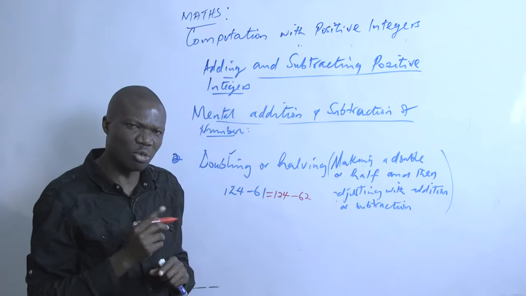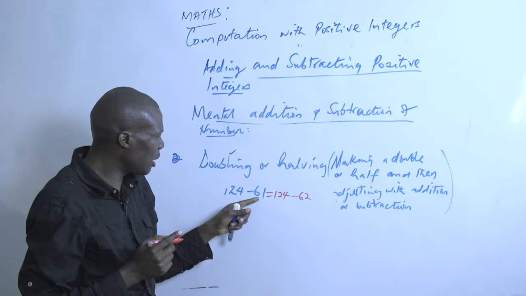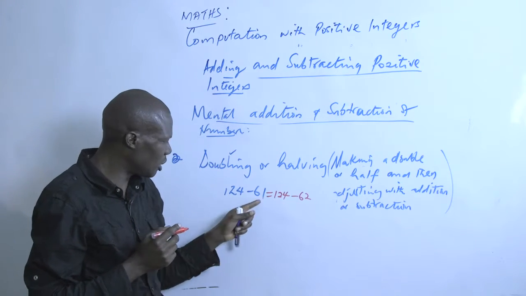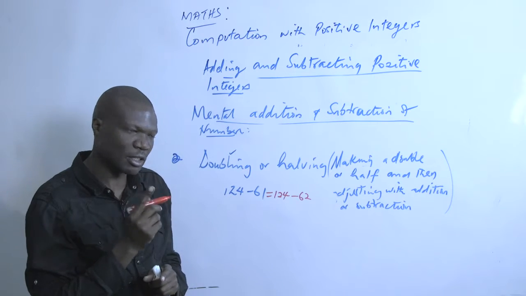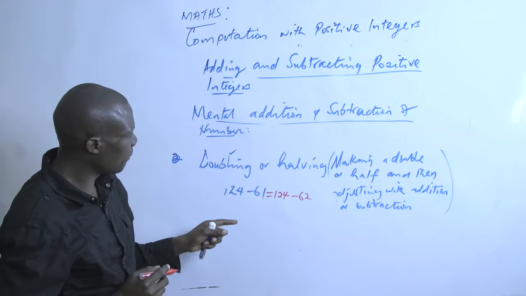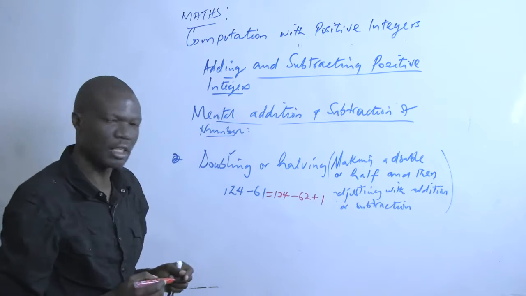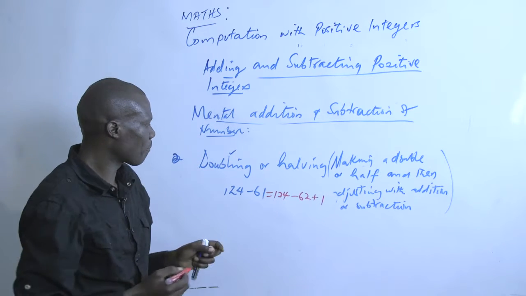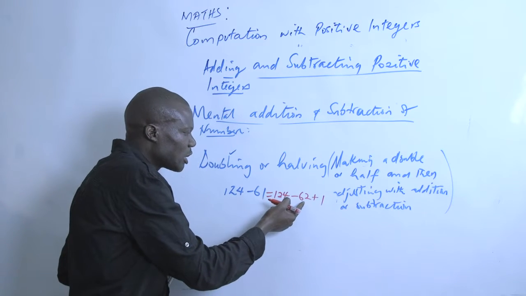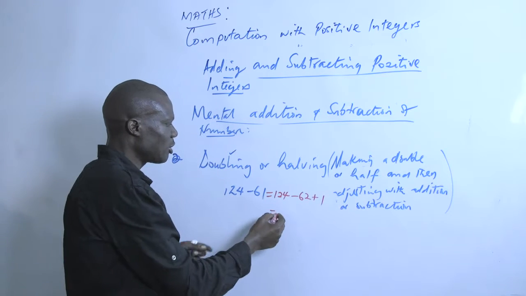But to get this 62, what happened? We simply had to add something on this to make it 62. So for this case, we need to bring it back. Because 62 is a half of 124, it's now easy to subtract.